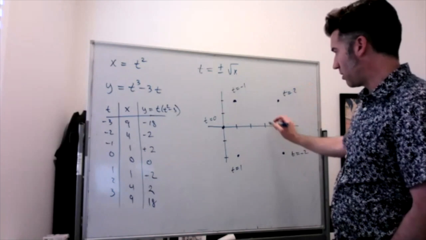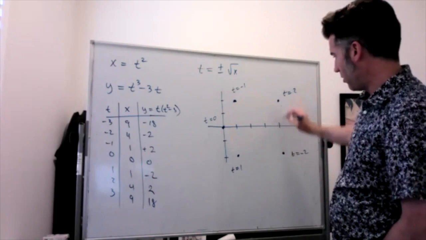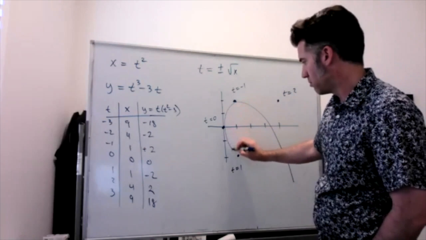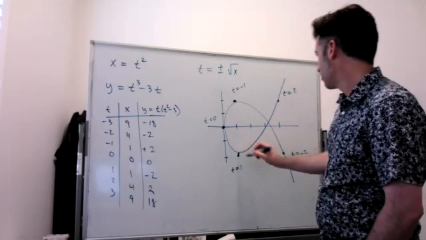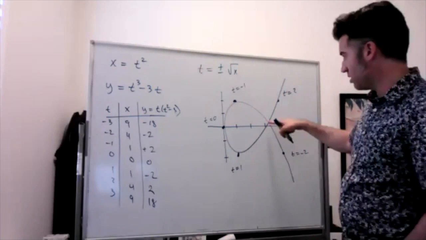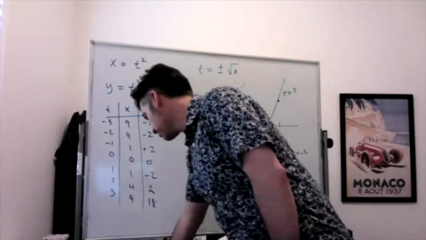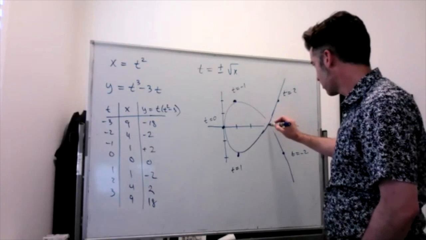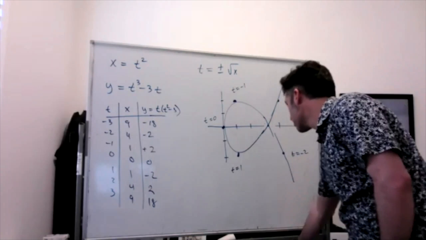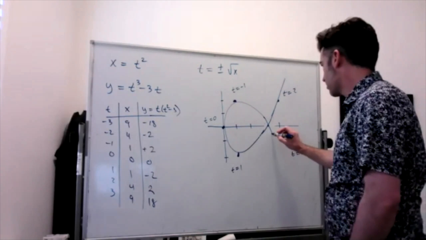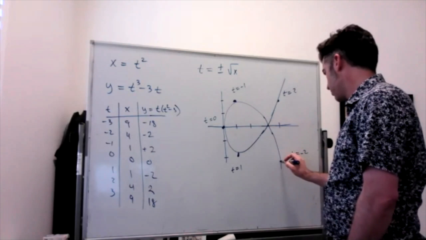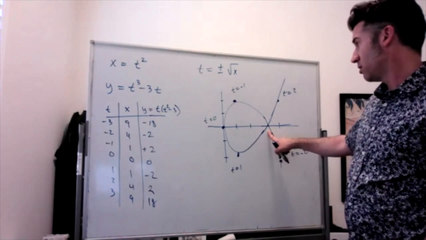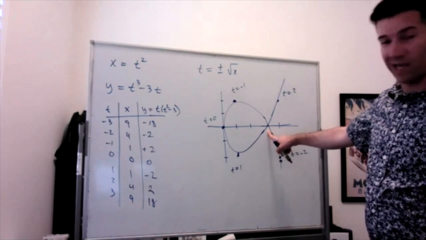And then to the point 2, 4. So I'm going this way, I'm going to hit that point, that point, that point. And these are probably crossing each other actually on the x-axis. We could find that point if we wanted to by setting y equal to 0.